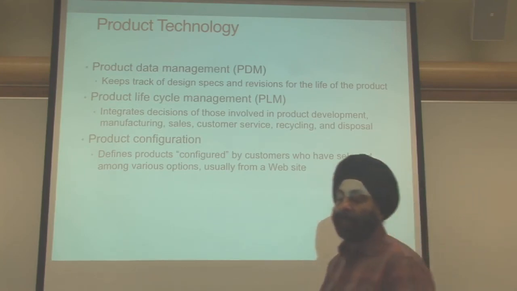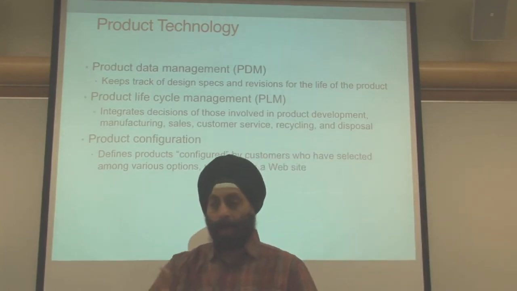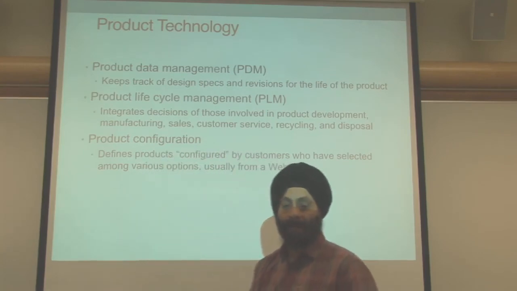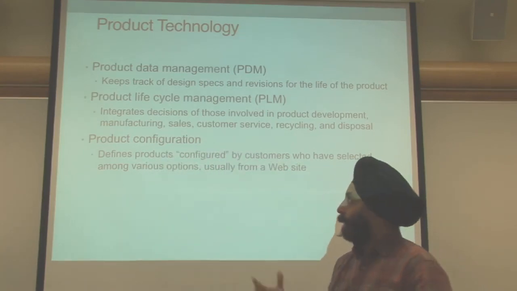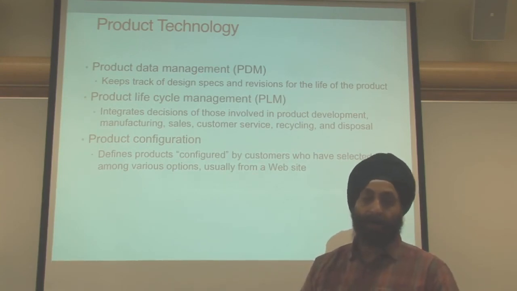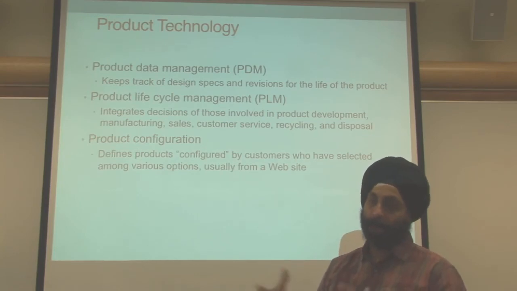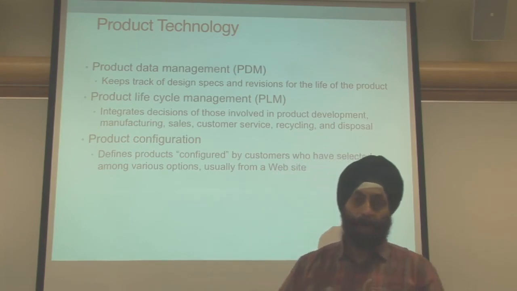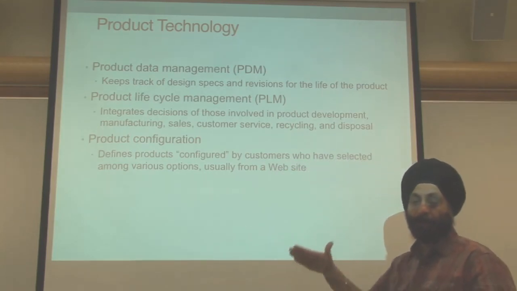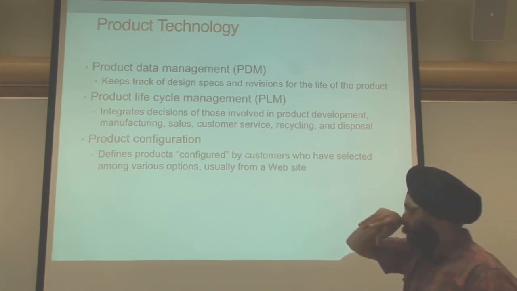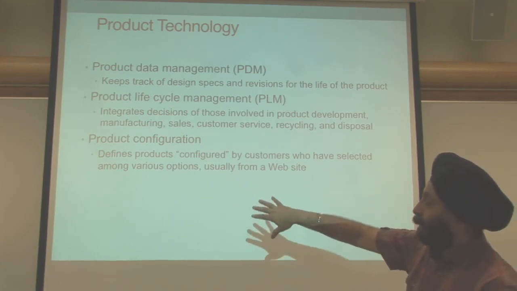So when you're coming up with a new version of the product or improvements, one can easily look and see what type of design iteration really worked well, version 2.1, version 2.2, and now we need to move to version 3. So what worked well, what did not work well, you keep track of throughout the life cycle of the product. That helps you in future product innovations.